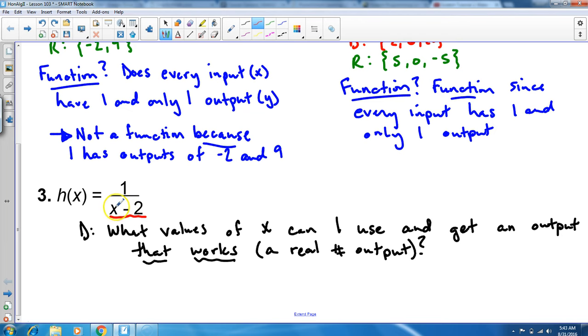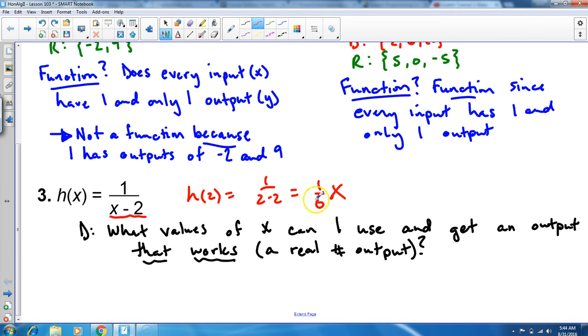If you plug a particular number into that denominator, in particular 2, you can't plug a 2 into here. Why? Because when I plug in h of 2, I get 1 over 2 minus 2, which is 1 over 0, and we know that this cannot happen. When x equals 2, I don't get a real number. I get something that's undefined because we know we can't divide by 0.